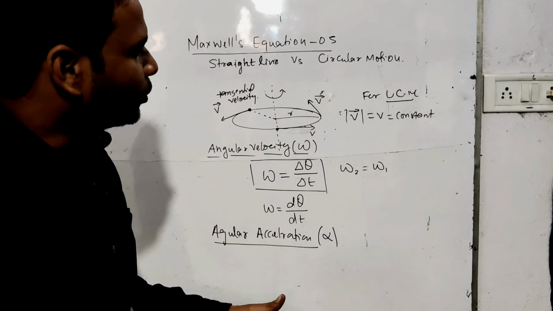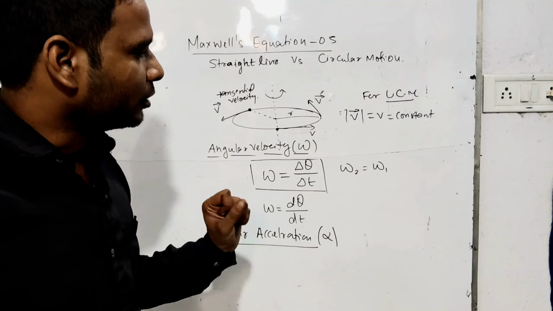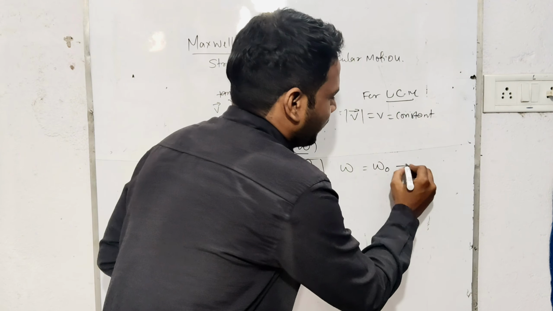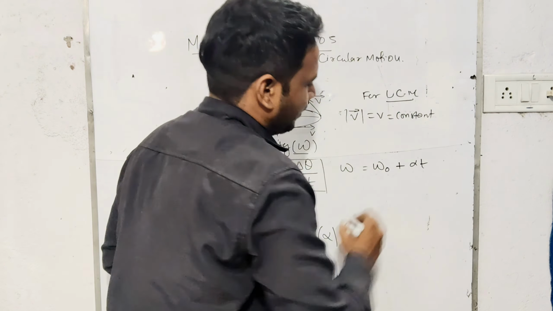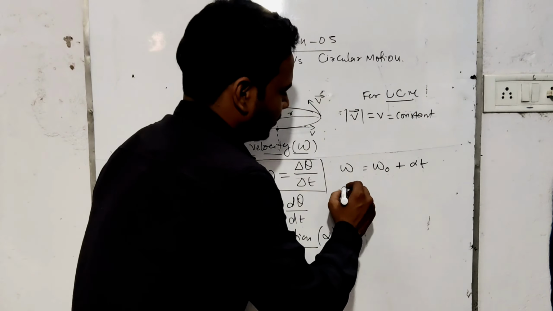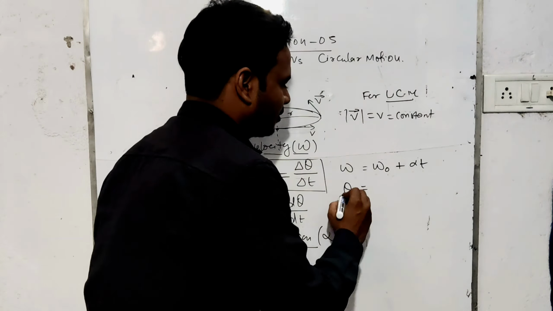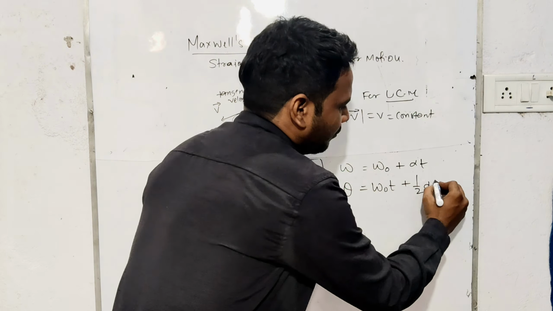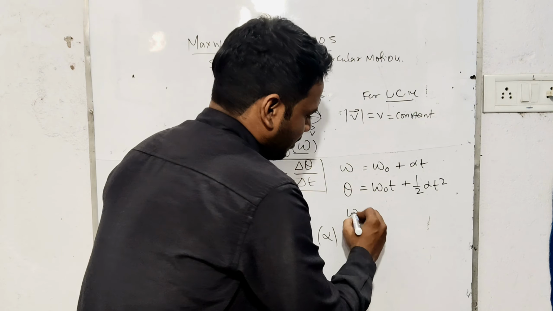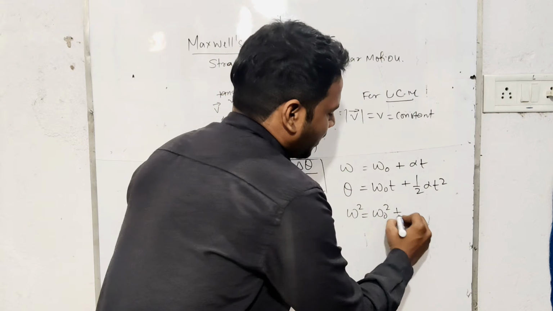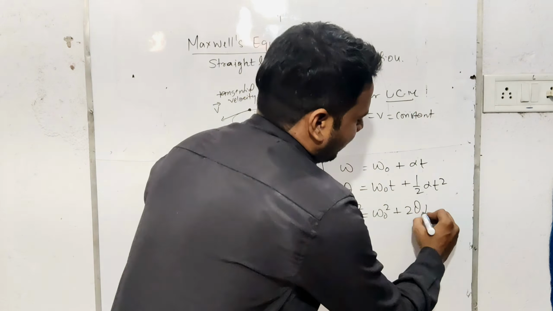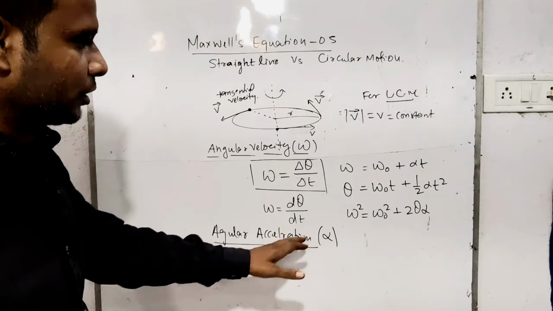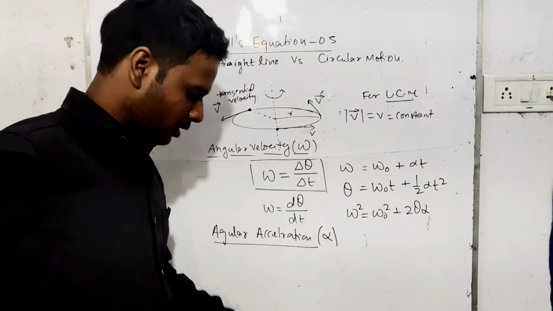In angular motion, you can use 1 and 2, or there is another notation: for initial we write omega naught, and for final omega. So omega = omega naught + alpha t; acceleration is replaced by angular acceleration. In the second equation, displacement is replaced by theta: theta = omega naught t + half alpha t square, and omega square = omega naught square + 2 alpha theta. So only the notations change, the meaning remains the same, but the motion is now circular, not straight line.